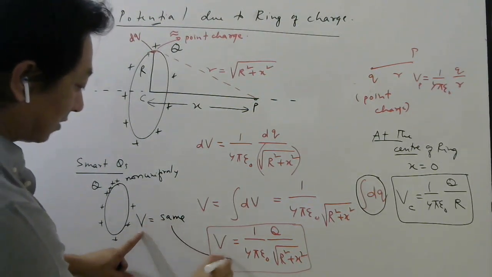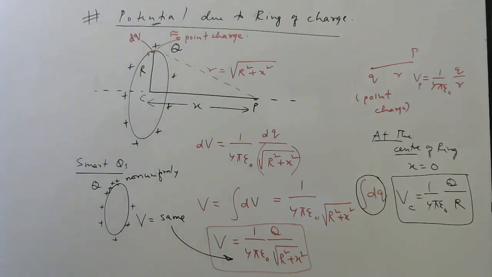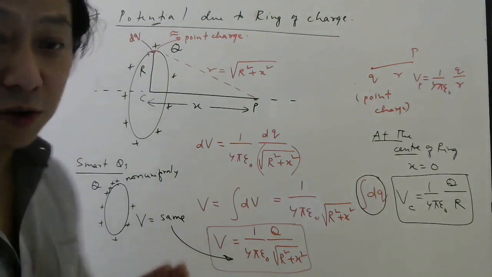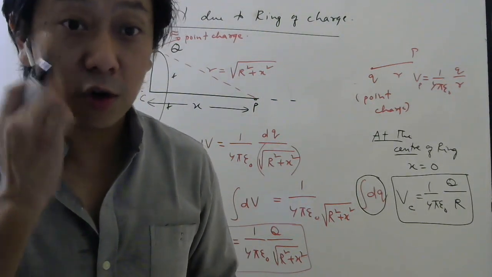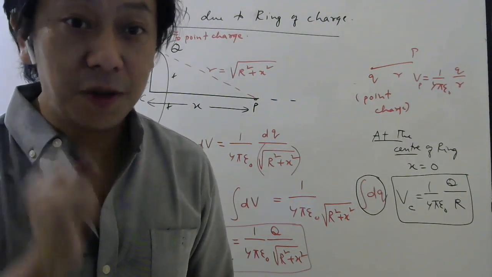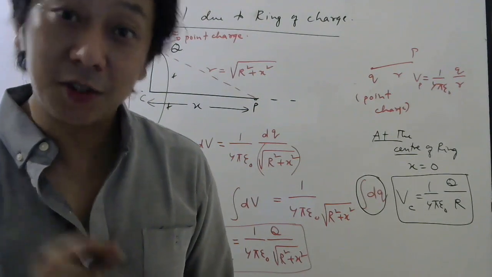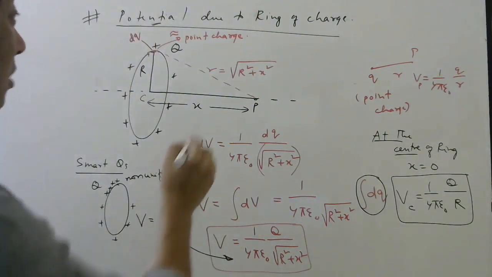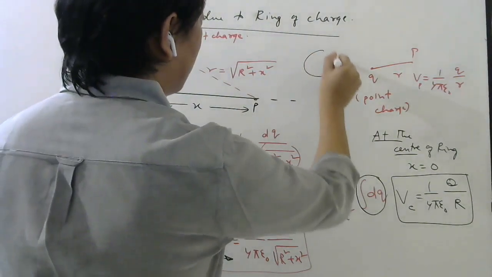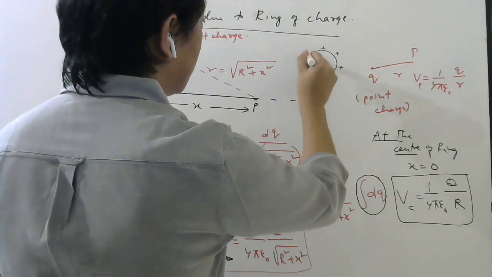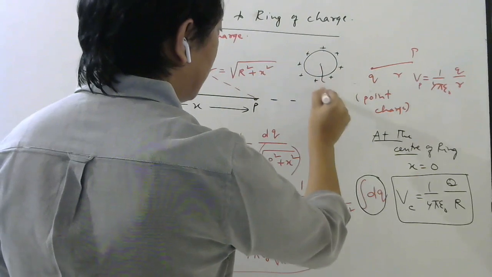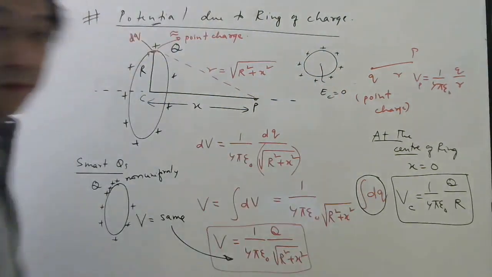Okay students, sometimes they will say non-uniformly distributed in entrance exam, and students start thinking, oh, it is non-uniformly distributed, so maybe potential will change because electric field will change. Usually, let me remind you of electric field. If there is uniform distribution of charge, then electric field at the center, if you remember, was 0, right?